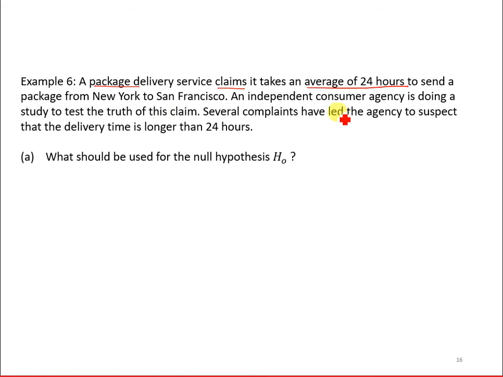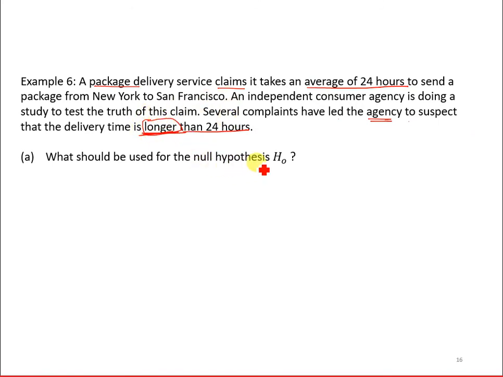Several complaints have led the agency to suspect that the delivery time is longer than 24 hours. So this is what comes from the testing agency, that the delivery time is longer. So you got your word longer here.